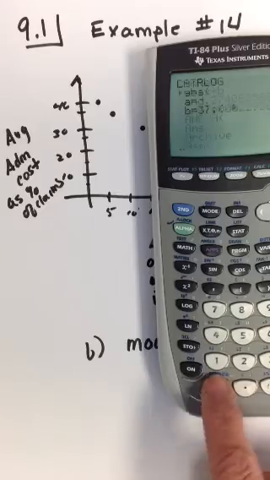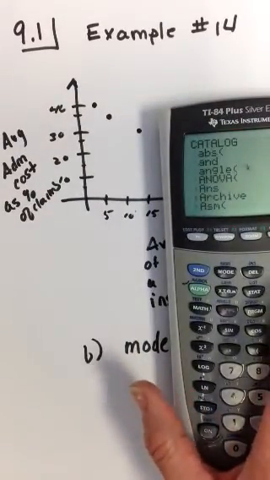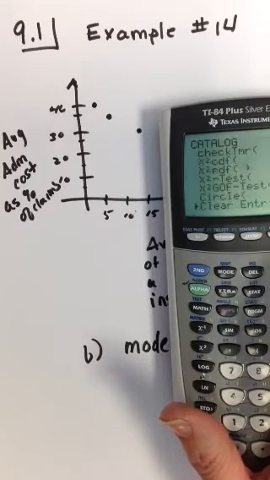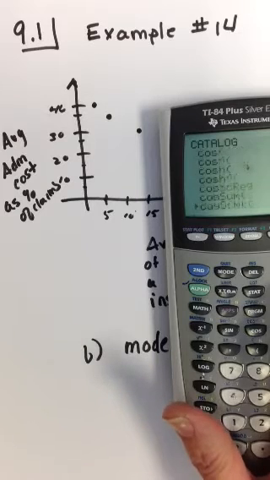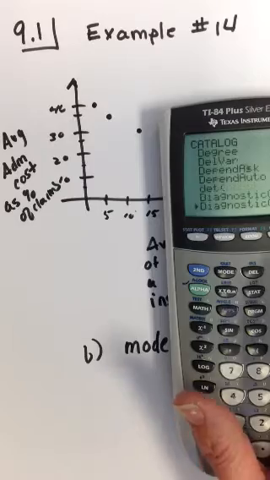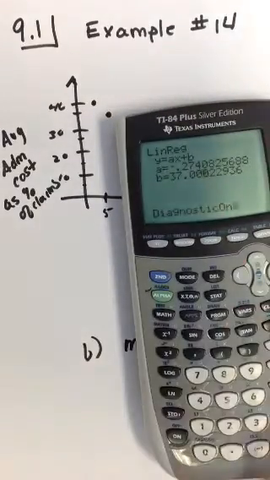Go to Catalog, which is above the 0 key, and arrow down until it says DiagnosticOn. You could type in D as well. But okay, DiagnosticOn, and when that comes up, just hit enter again.